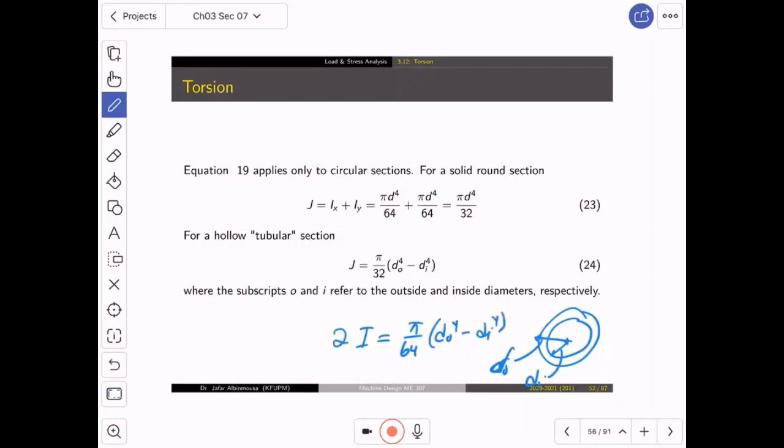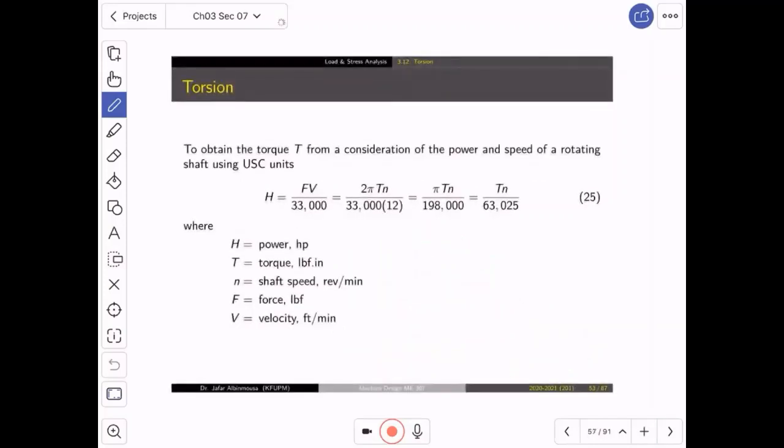If you multiply this by 2, 2 goes with 64 as 32, and you get J equals pi over 32 times d0 to the power 4 minus di to the power 4. Very simple.